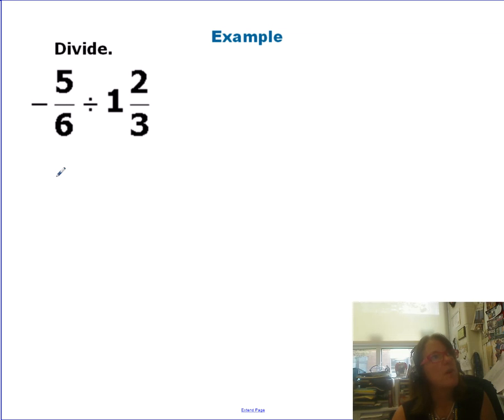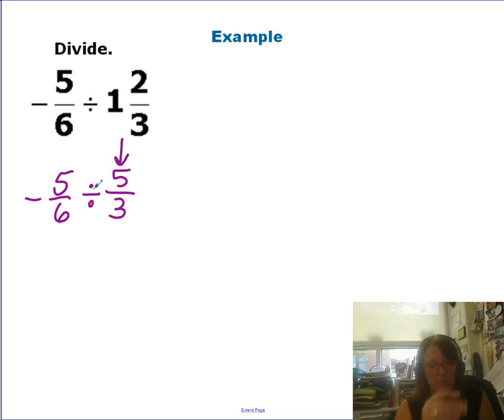All right, this one. First, change this guy into an improper fraction. Okay, so that was the first thing. Make sure you have 2 fractions. Next thing, I'm going to come up here and say negative divided by a positive. I know the sign of my answer. They're different. It's negative. So now I can go to town.